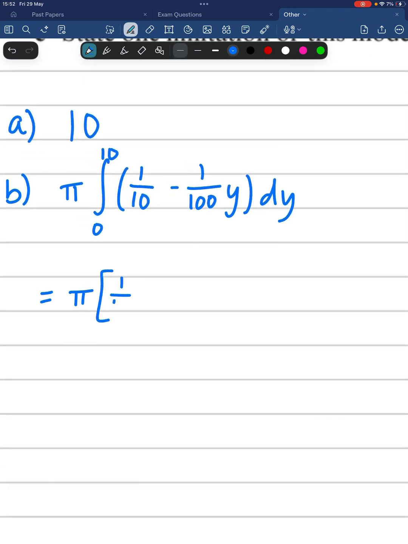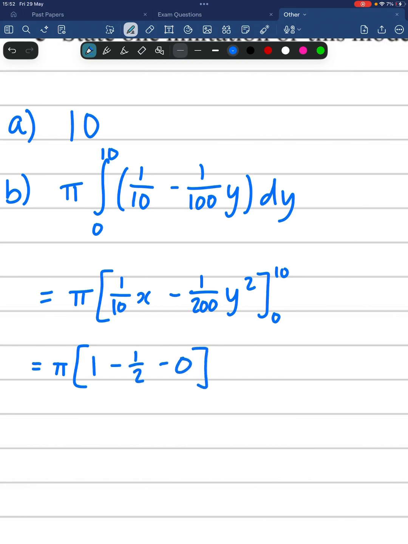That's just pi lots of the integral, which is 10x minus 1/200 y squared, between 0 and 10. Well, that's just pi lots of 1 minus half, and then minus 0. That is just a half of pi, which is pi by 2. So pi by 2 units cubed, or centimeters cubed, because each unit is a centimeter.